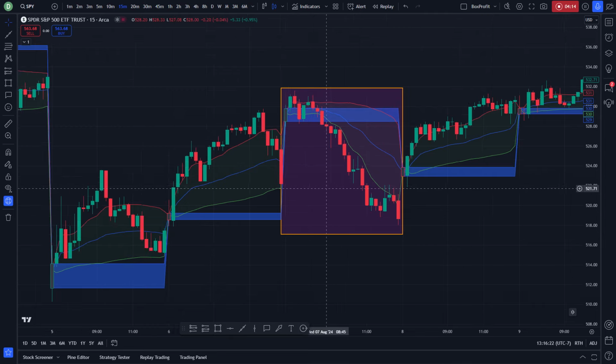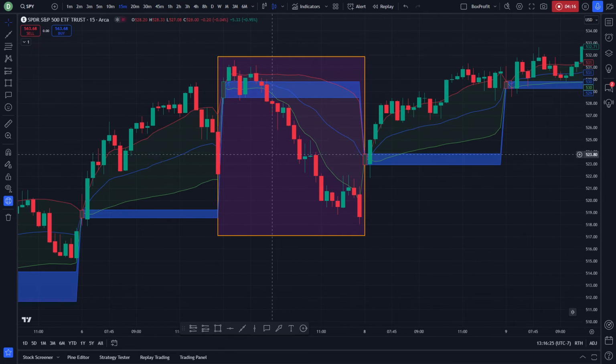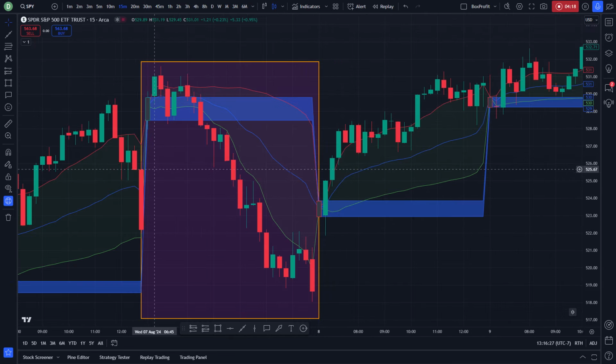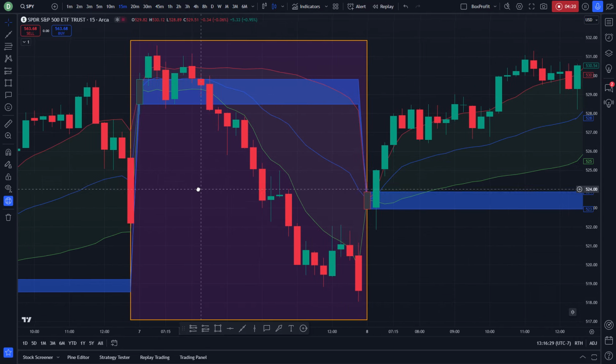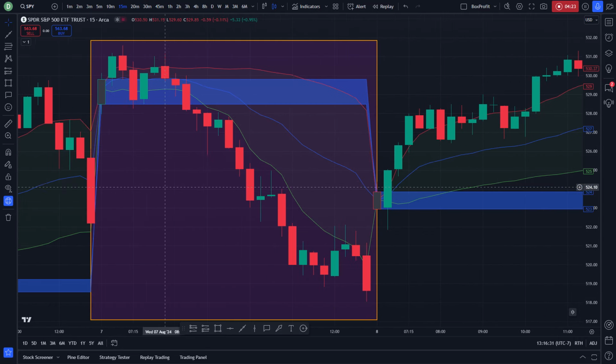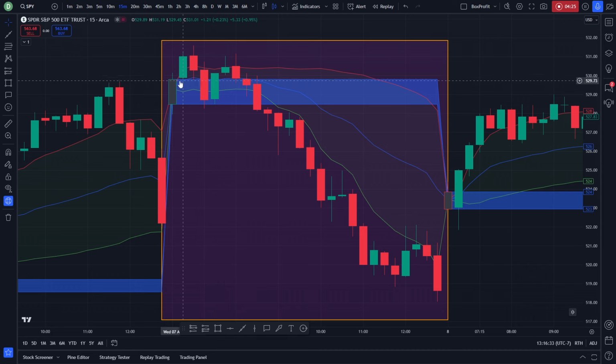So in this chart, we have in front of us the open range breakout. Let me zoom in a little better so it's clearly seen. We have the blue lines here, which are our open range breakout, and the red lines, which are the VWAP, just on a different time frame.